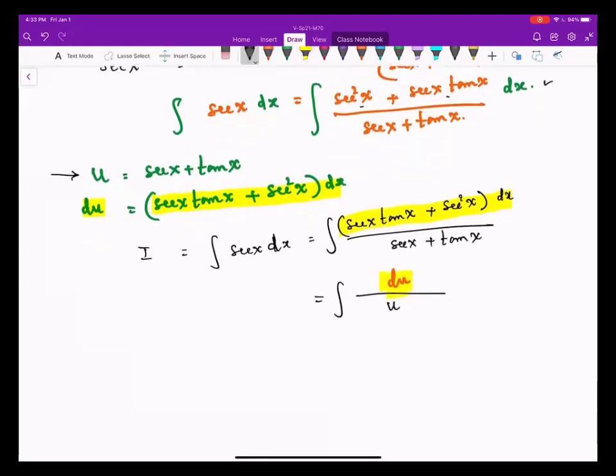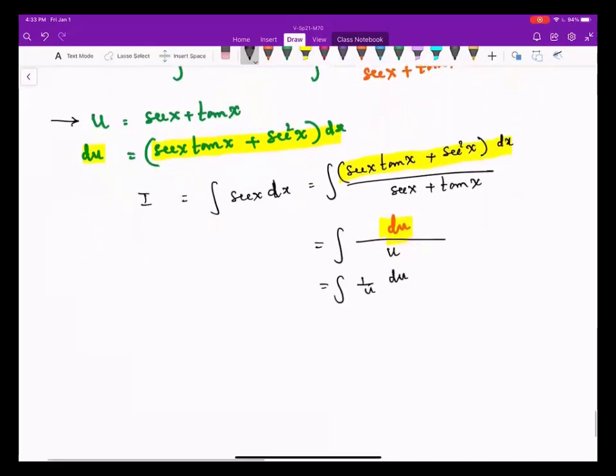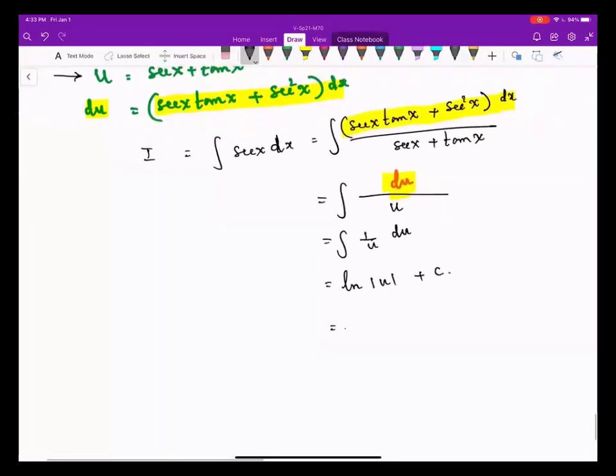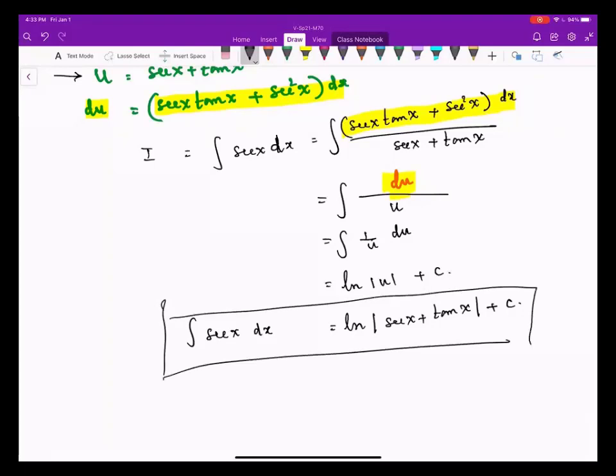So it is now integral 1 over u du, which is ln of absolute u plus a constant. This is ln of absolute secant x plus tan x plus constant. So integral of secant x is ln of secant x plus tan x plus c.